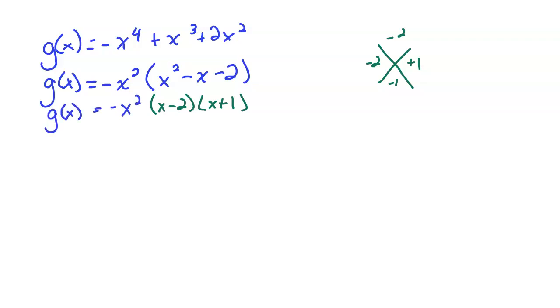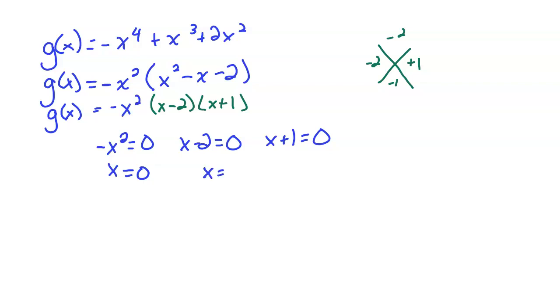So then I set each of my factors equal to 0. So I have a negative x squared equal to 0, x minus 2 equal to 0, and x plus 1 equal to 0. So this will give me x equals 0 because I divide by a negative and then take the square root and I still get x equals 0.